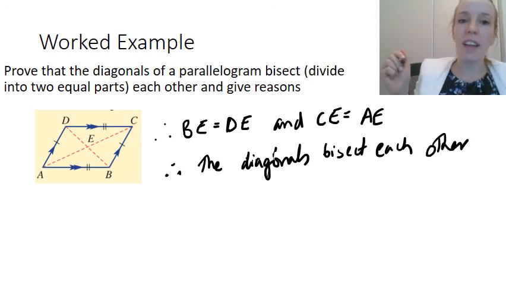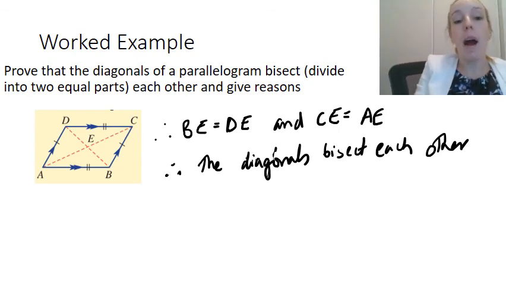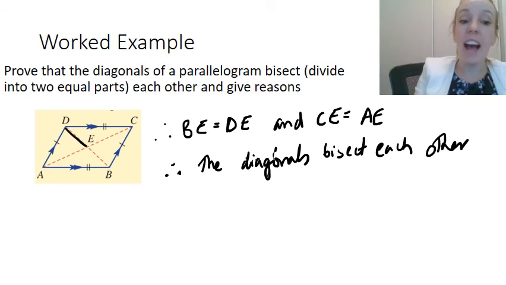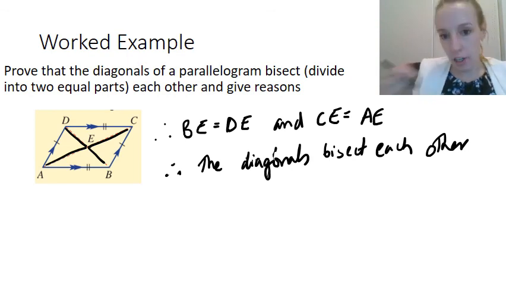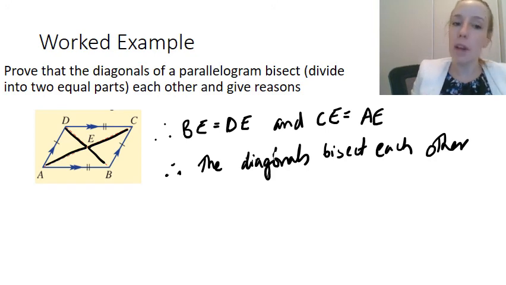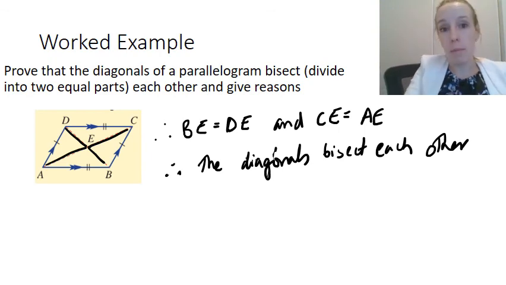So we've proved that using our rule that alternate angles in parallel lines are equal, and we've satisfied that AAS rule, and then from there we've figured out that this line has to be the same length as this line, and this line has to be exactly the same as that line, meaning these diagonals bisect each other. So hopefully that is clear, and it shows you a way we can use all these different tests for congruence to solve problems. And again, any issues, please make sure you ask in class.